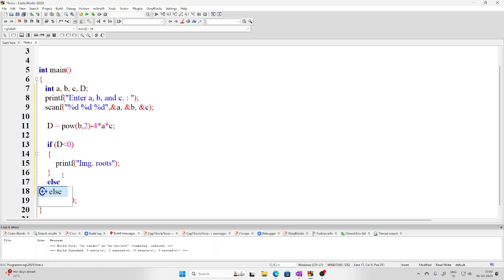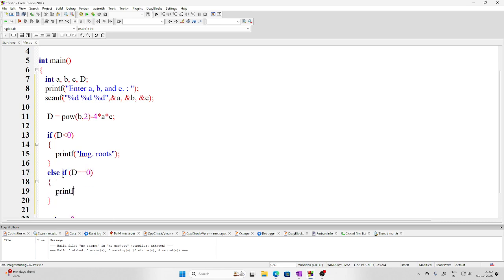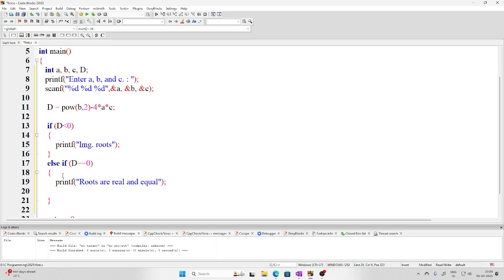What are those possibilities? Else if the discriminant is 0, then what I have to do? I have to simply printf that the roots are real and equal.